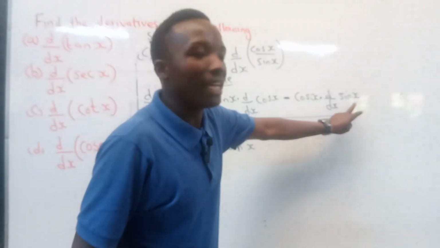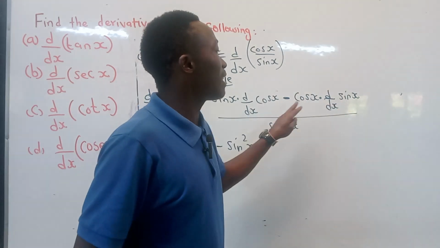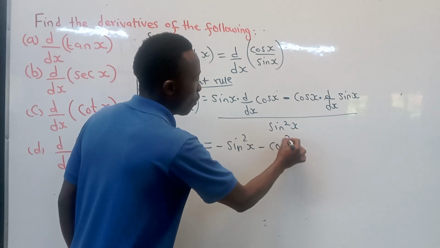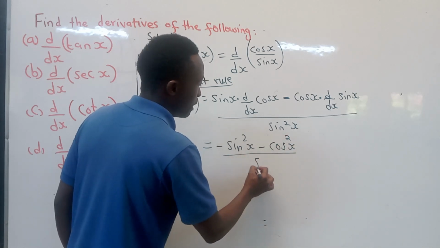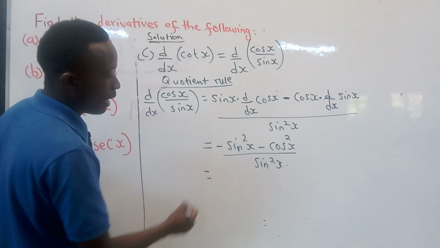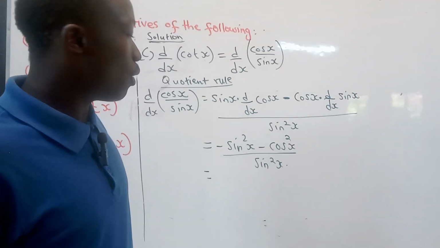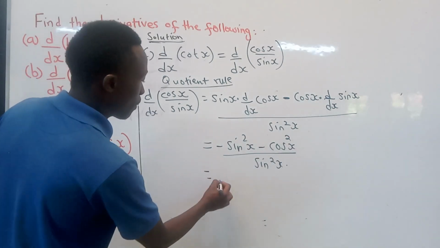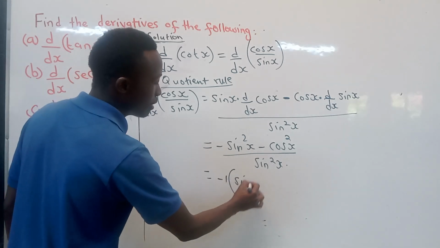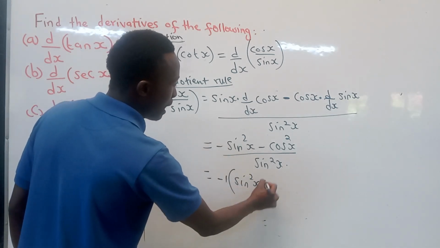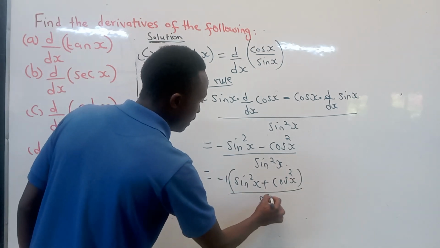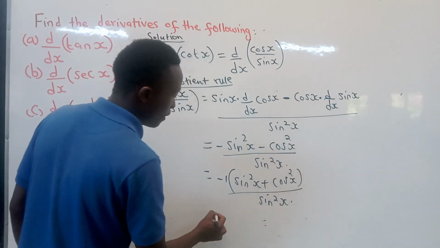The derivative of sine x is cos x. So cos x times negative cos x will give us negative cos squared x over sine squared x. Reaching there, we can factorize out negative 1, and we are going to have sine squared x plus cos squared x over sine squared x.